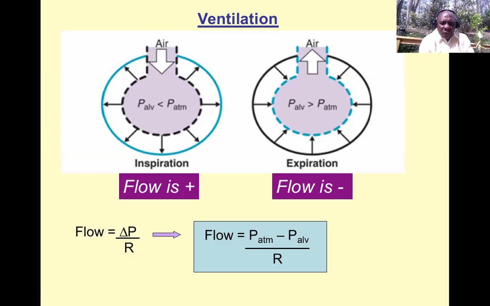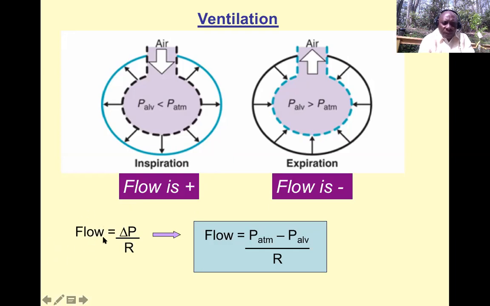So during inspiration, it's one way, it's inward. During expiration, it's outward. And we shall see exactly how that's happening. So this brings us to an equation to explain what's going on here.